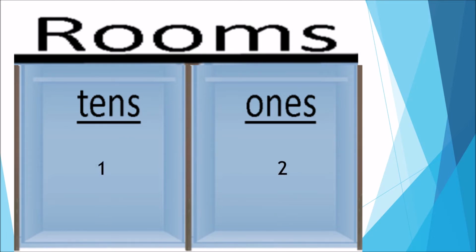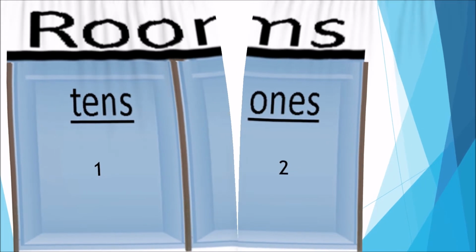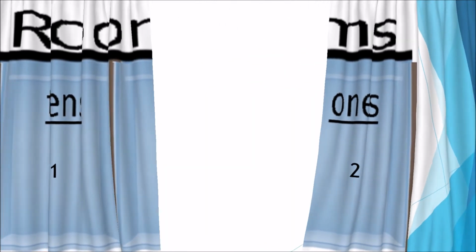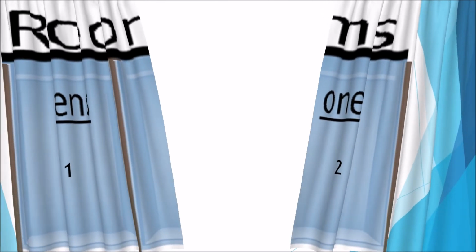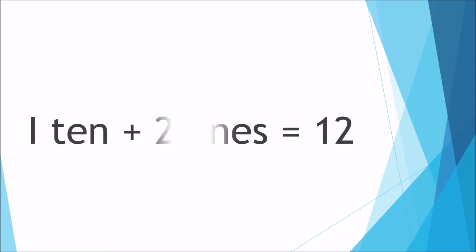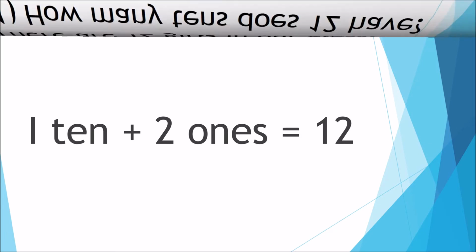So 1 would go in the tens room. 2 would go in the ones room. 1 ten plus 2 ones equals 12. Very good. 1 ten and 2 ones give you 12.